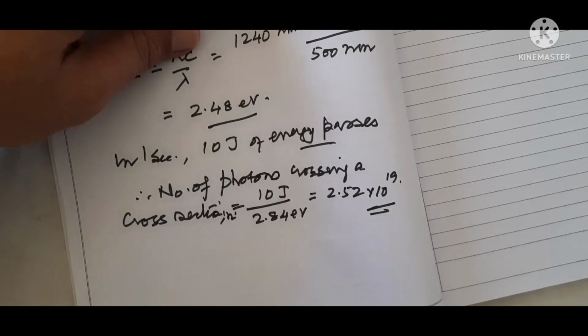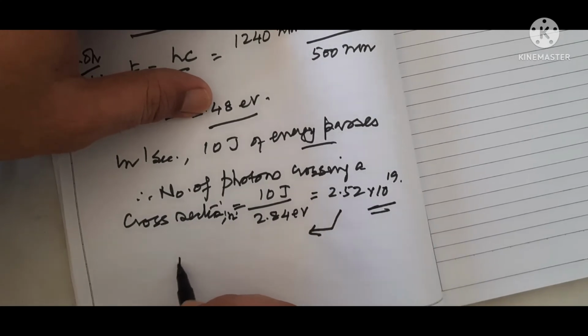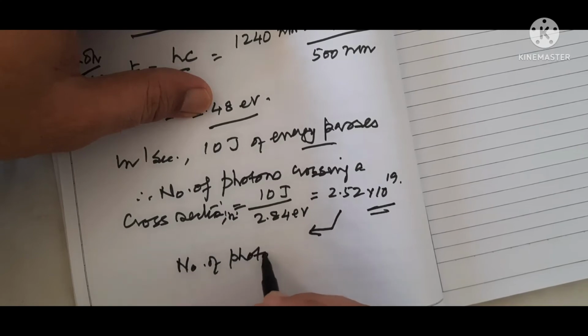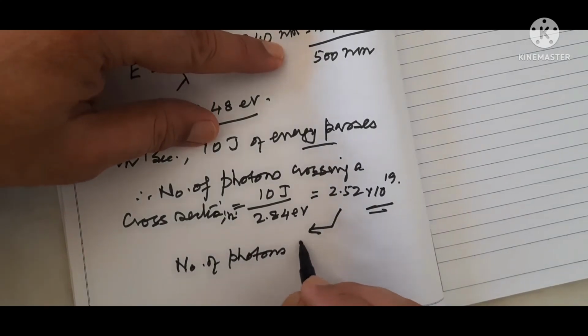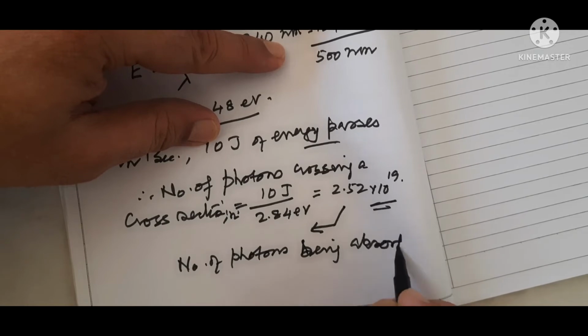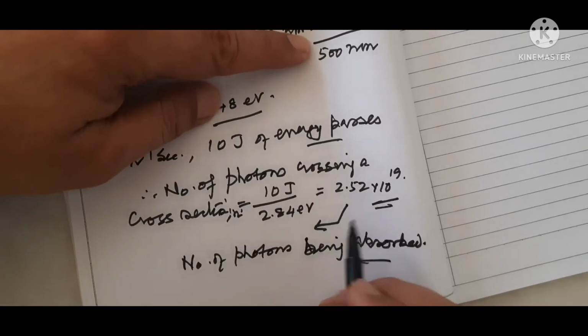So this is also the number of photons falling on the surface per second and being absorbed. That is what we had to find out, the number of photons being absorbed. It is this much.